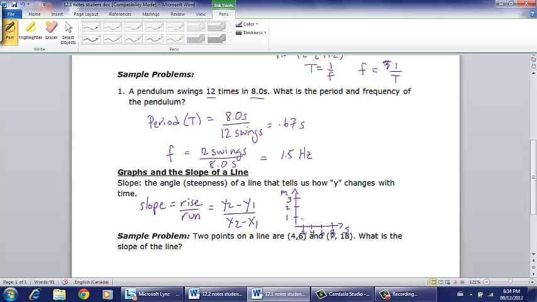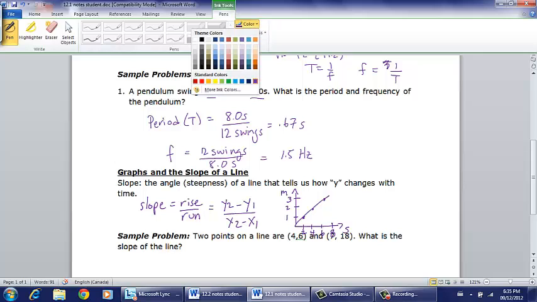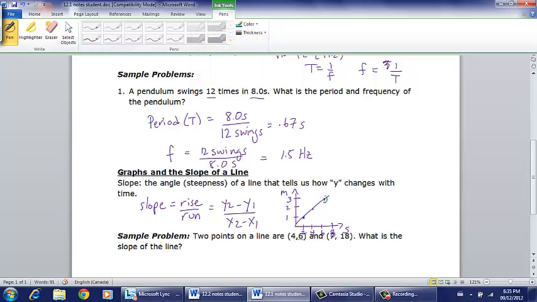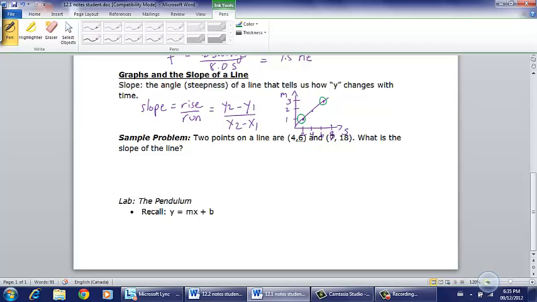If we made a nice linear graph here, a nice straight line like this, I would have used a ruler and connected that, it'd be nice and straight. We can choose any two data points on here. When you're trying to figure out the slope of a line, you can choose any points on it. So I'm just going to choose this one and this one.